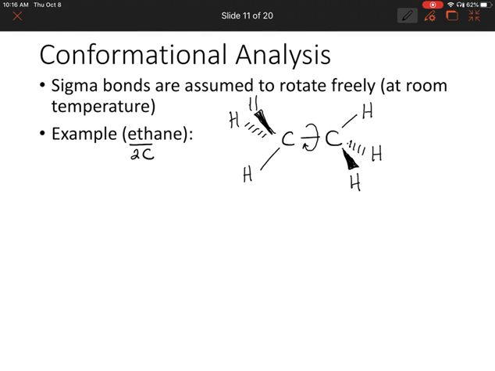And we could keep twisting this any way we really want, but again, just remember that these can freely rotate. Okay, so there is another way to draw this molecule, and that's with something called a Newman projection.